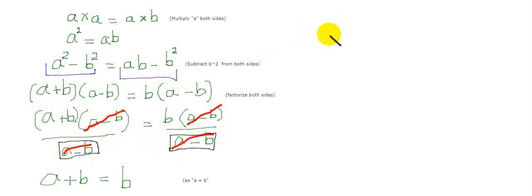You know why? Because in the first step we supposed that A equals B. So if A is equal to B and I subtract B from A, it will definitely result in 0.